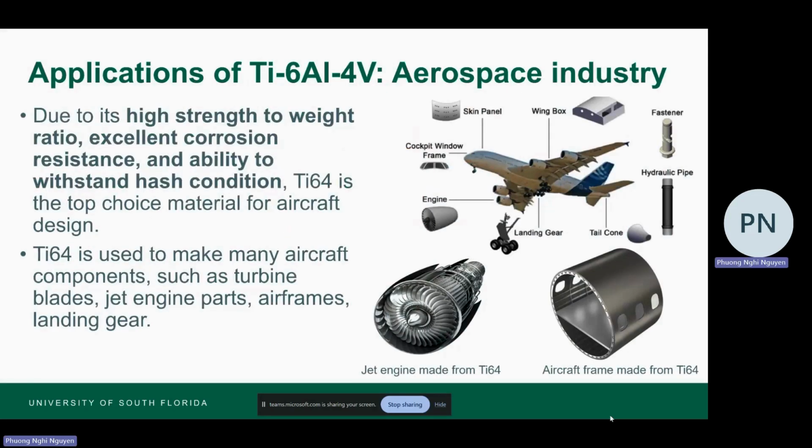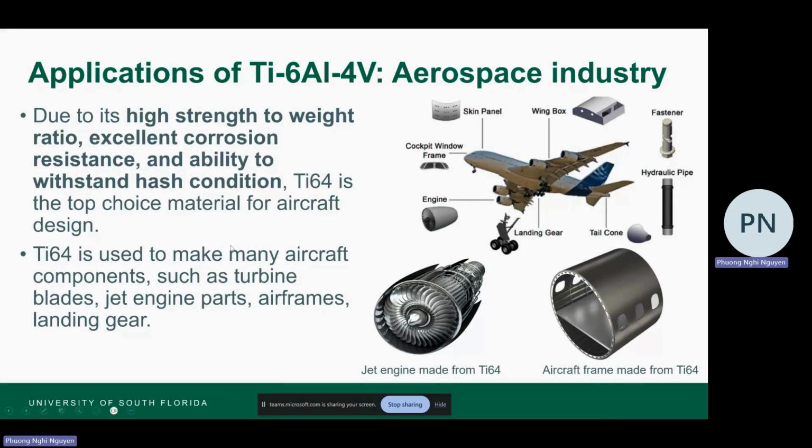About the applications of Ti64, it has various applications in many different fields. So here I want to discuss its applications in the aerospace industry specifically. Because of these outstanding properties that I mentioned previously, Ti64 is one of the top choice materials for the aircraft industry.